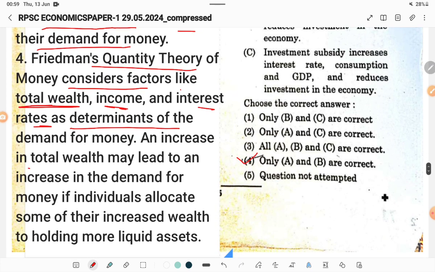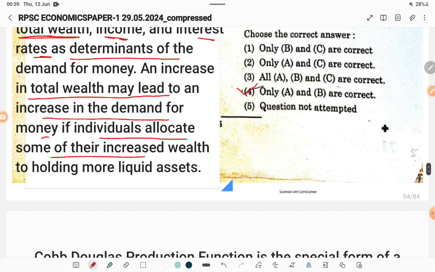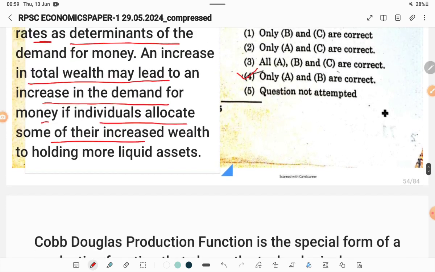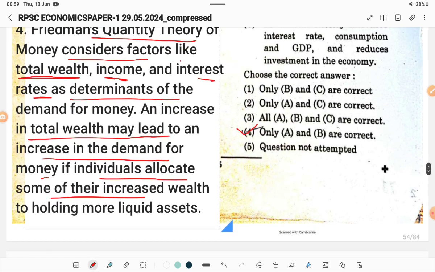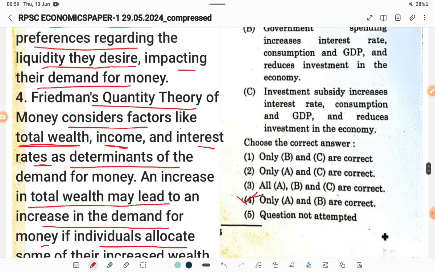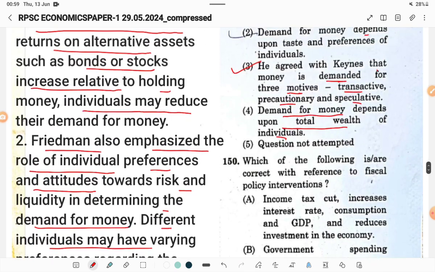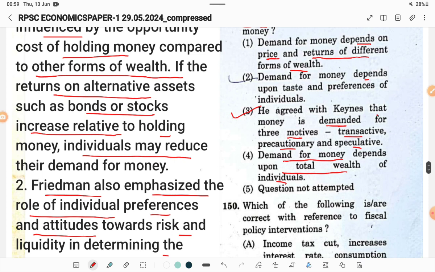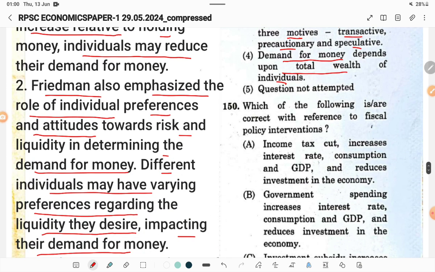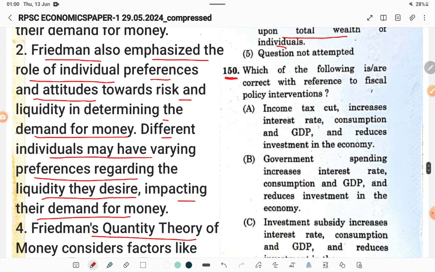An increase in total wealth may lead to an increase in the demand for money if individuals allocate some of their increased wealth to holding more liquid assets. So the third statement is the right answer here.